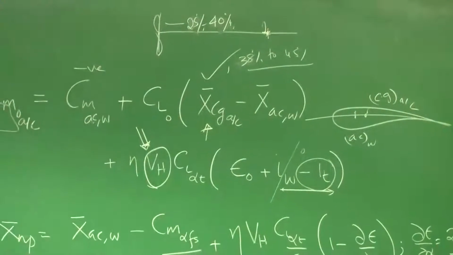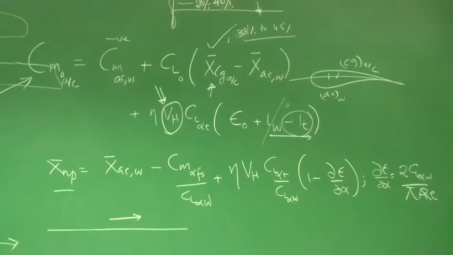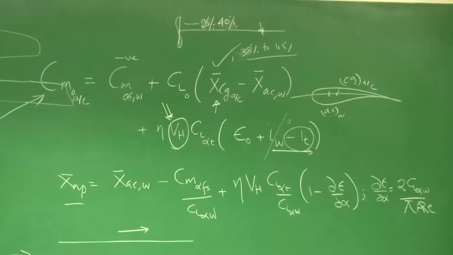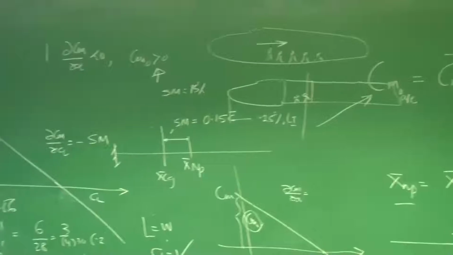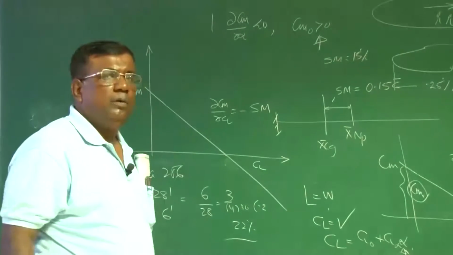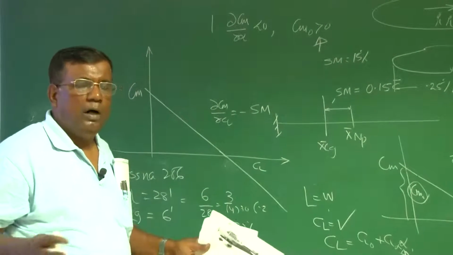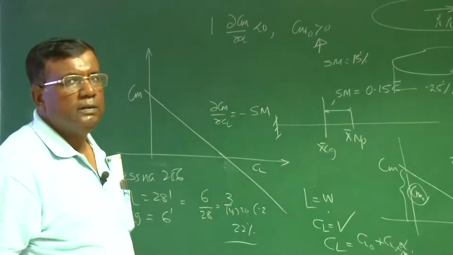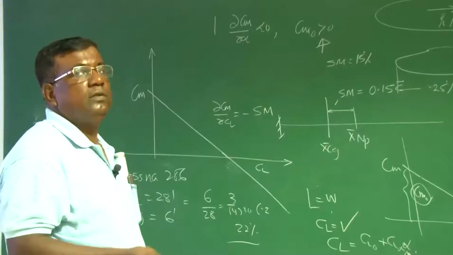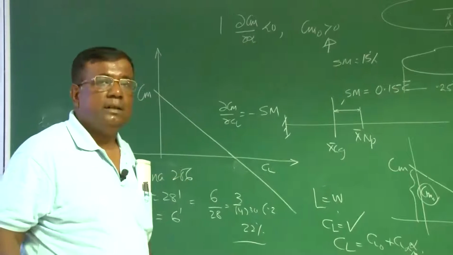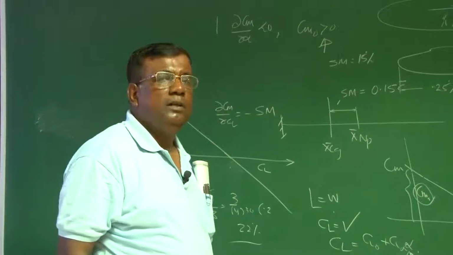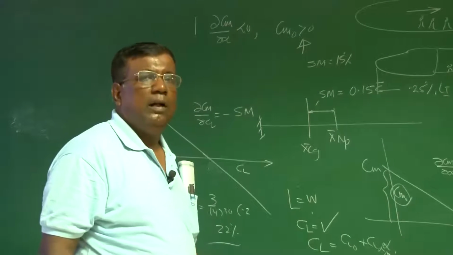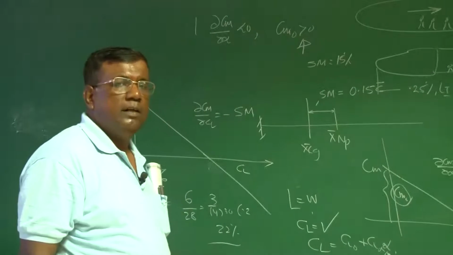So you are responsible to see what type of configuration you are doing, because the final aim is you want to carry a cargo, right? Carry passengers, carry cargo. So that is more important. You have to first see the layout, how you are going to put all those things, and then you start thinking of wing, etc. So there is always a conflict between a layout engineer and an aerodynamicist or a flight mechanics or design engineer.